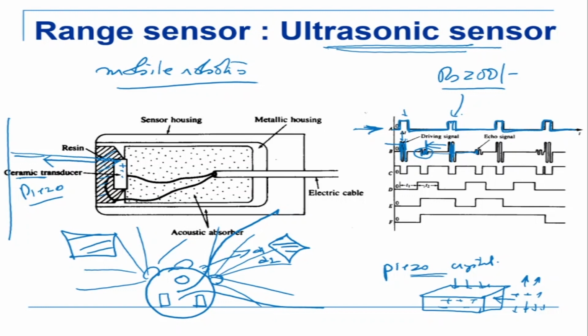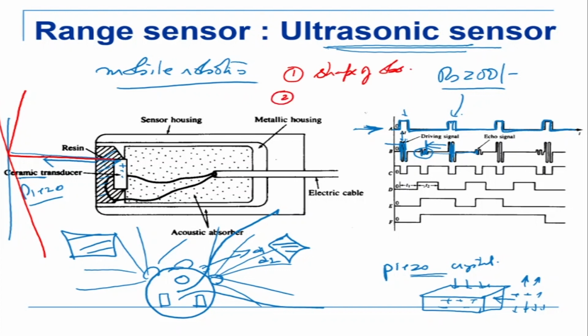The disadvantage of this is that very often it does not see. Why will it not see? For example, if an obstacle is at an inclination, what will happen? It will hit this and go somewhere else, so the ray will not come back. If the ray doesn't come back, it will not see. So number one is the shape of the obstacle.